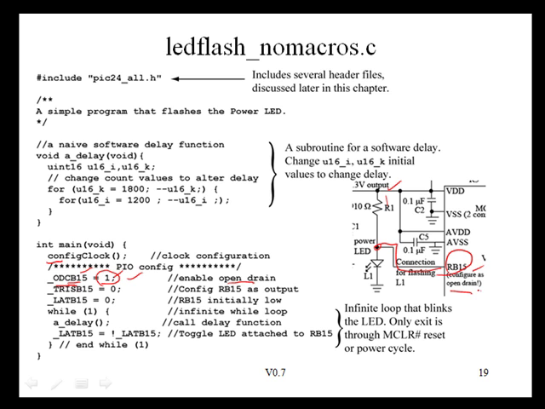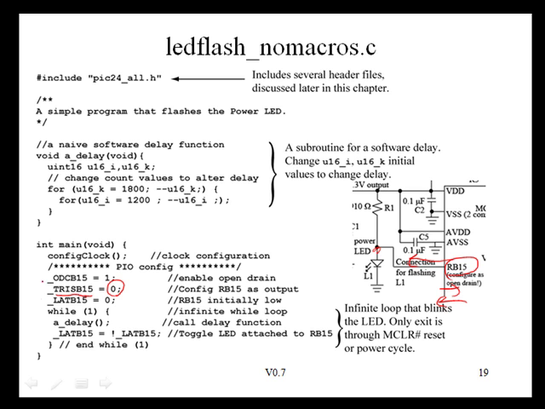This next assignment statement is going to assign the special function register bit TRISB15 to a 0. It turns out that port pins on the PIC24 can be configured as either inputs or outputs. In this case, we want this to be an output, which means that it's going to be able to either drive this pin low or drive this pin high.